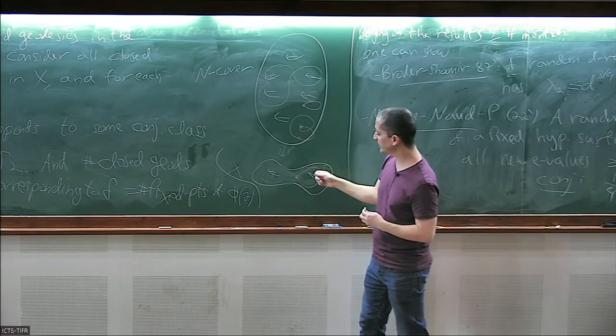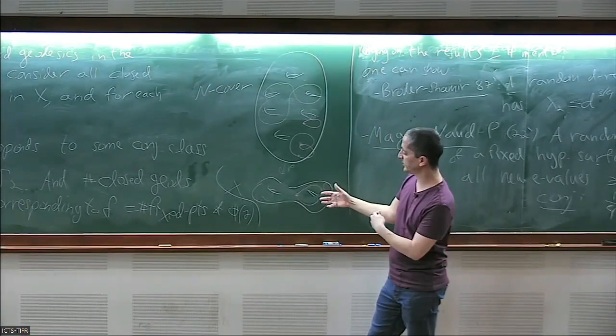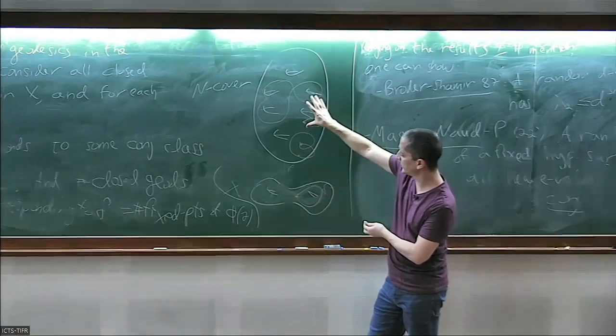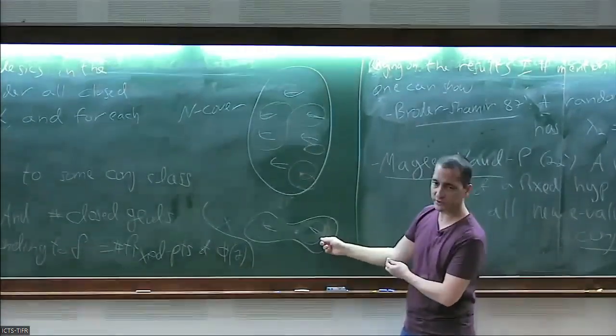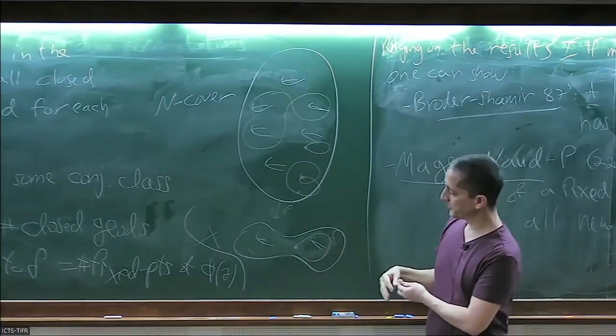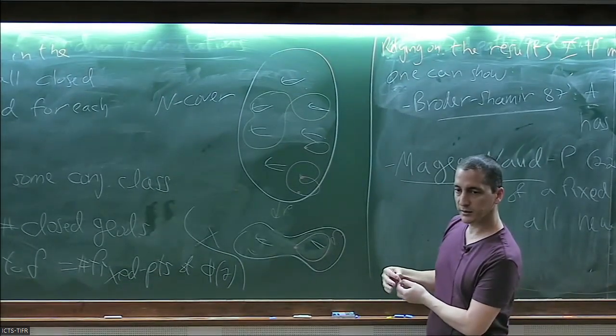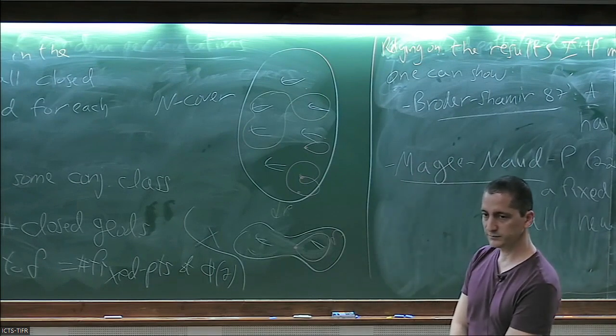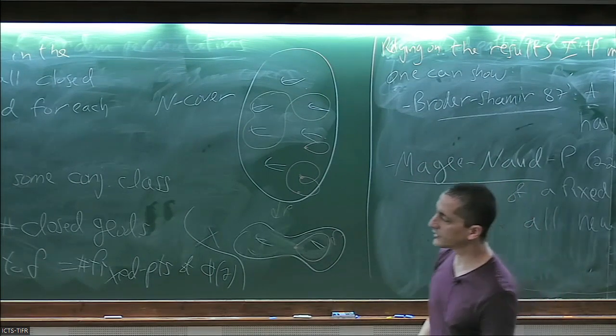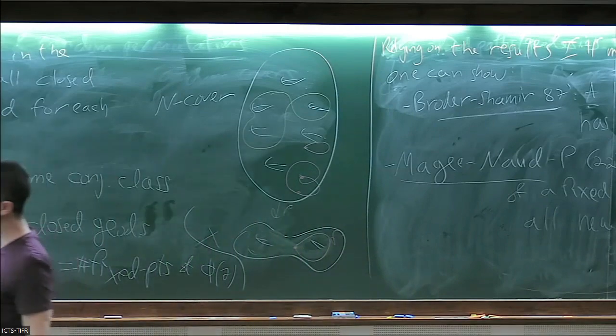For delta, the answer is that the number of geodesics here that project to delta is exactly the number of fixed points in the permutation corresponding to delta. So this gives us a result for one closed geodesic.